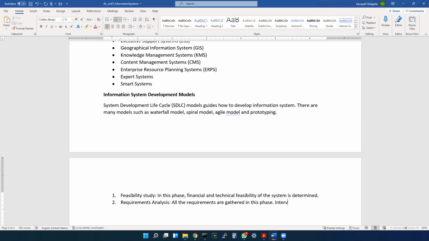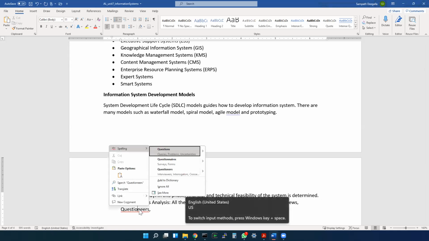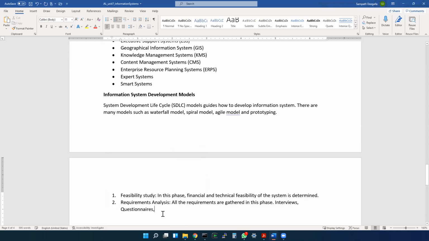Interviews, questionnaires, and observation are some techniques used to gather requirements.